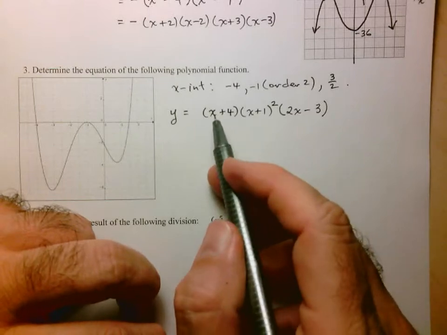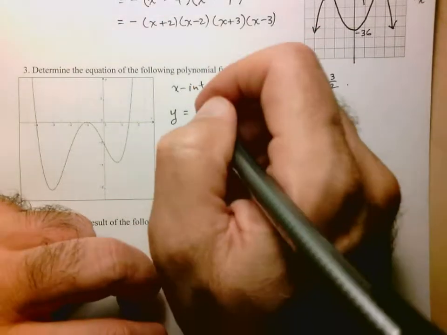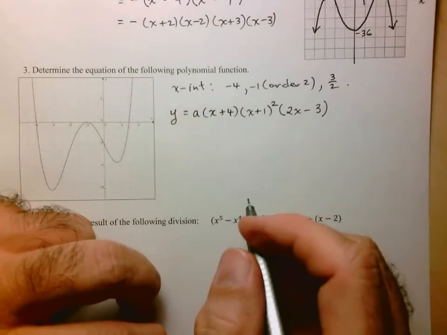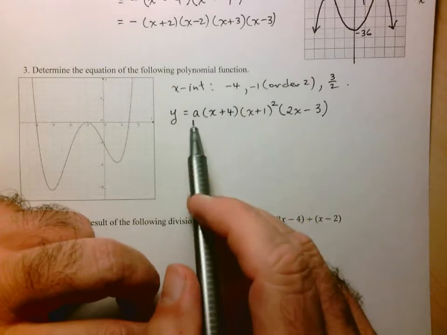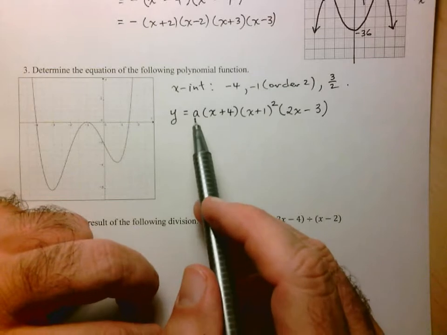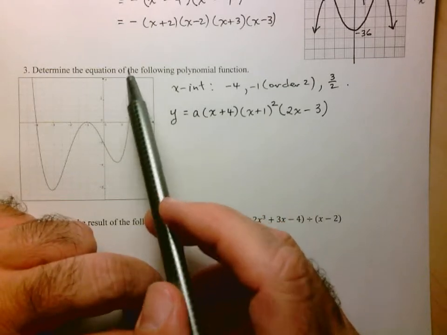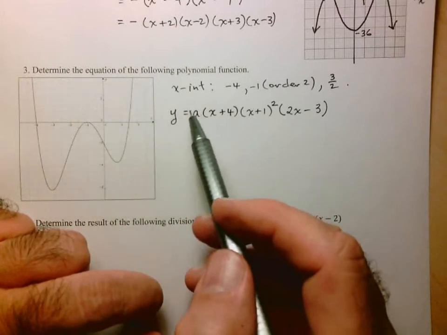Okay, so this incorporates my x-intercepts and their orders, but of course I know I can have an a value at the front, okay, without changing the x-intercepts. So before I calculate this, I'm just going to keep in mind that, look at the end behavior of this quartic. I know that I should end up with a positive number.